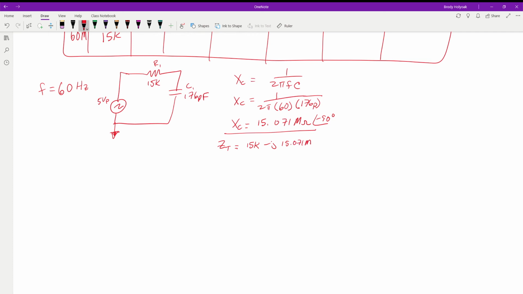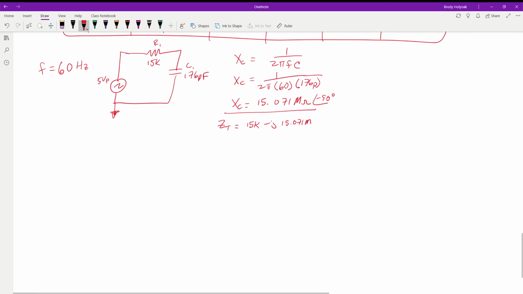We need to convert this into polar because we're going to be doing division with it, and it comes out to be 15.071 meg at an angle of negative 89.316 degrees. Now that makes sense too, because our reactance value is so much larger than our 15 kilo ohms for the resistor that we're going to be approaching the full negative 90 degrees. It's going to affect it a little bit, but not much.